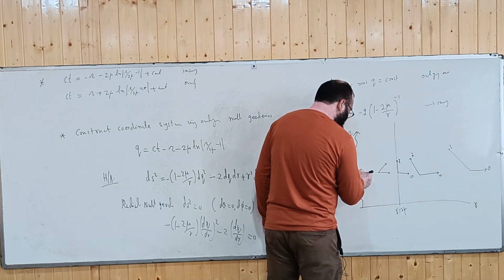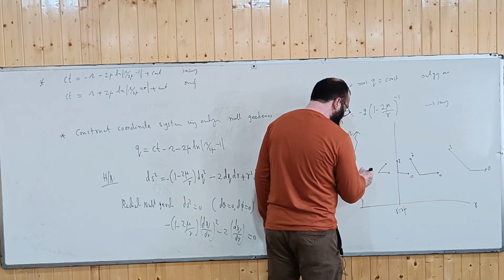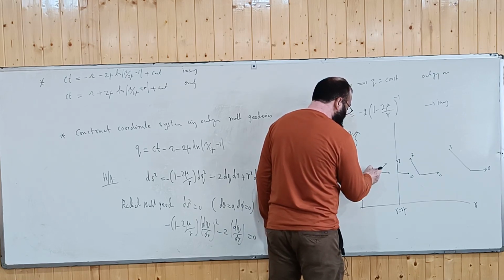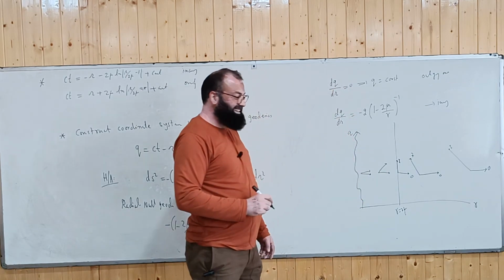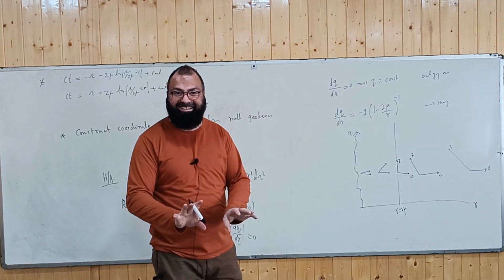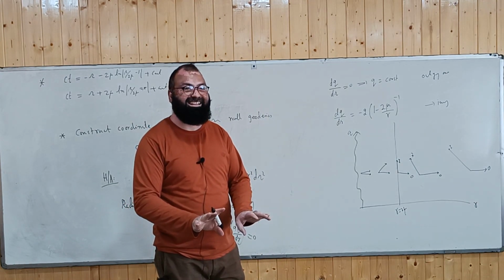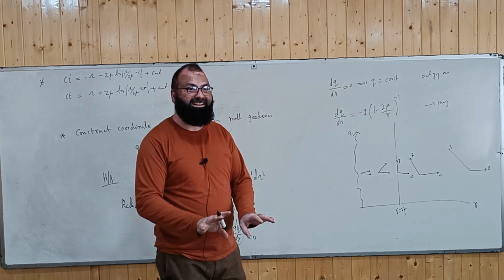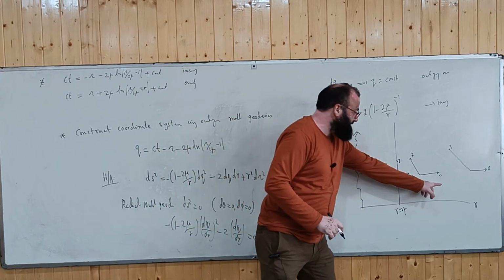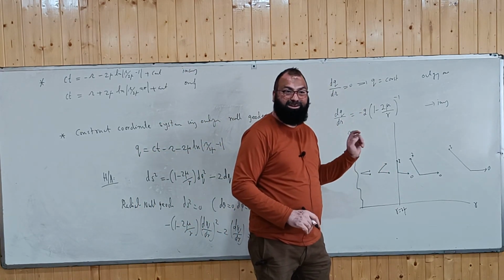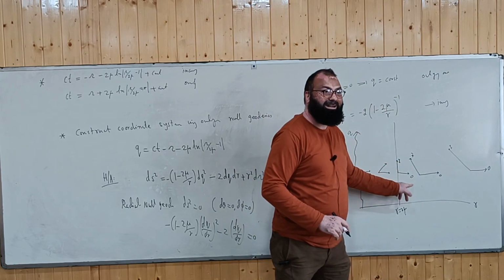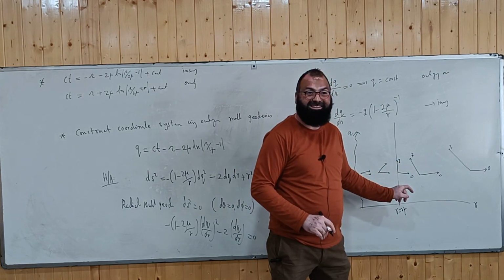It will be looking like this thing. So what is the trajectory of a particle? Any kind of particle? It means whatsoever particle comes from here in this very coordinate system, it will never enter this r equal to rs.